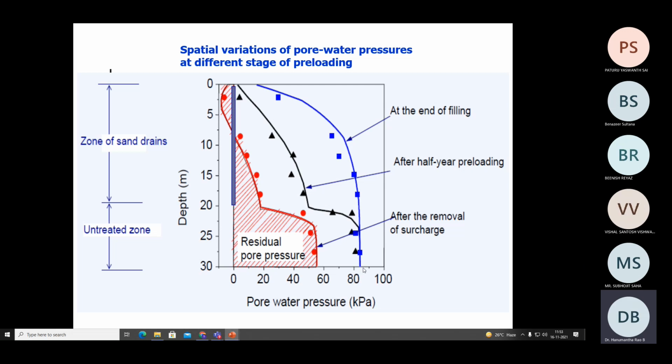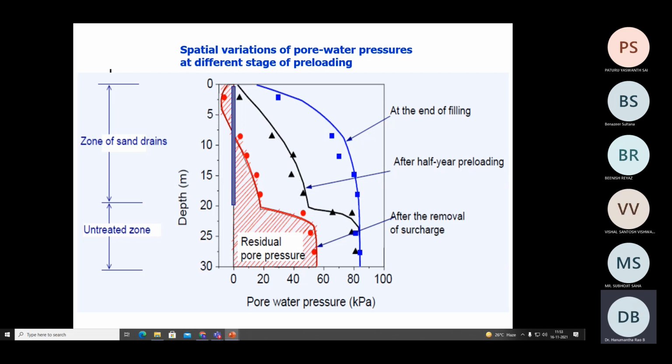The initial pore water pressure is almost 20 kilopascals without surcharge, and after imposition of the maximum surcharge, it rose to around 85 kilopascals. Now you can clearly distinguish right beneath the PVD and right above the PVD. Right above the PVD, there is a drastic decrease of the excess pore water pressure from as high as 80 kilopascals to as low as 20 kilopascals, or in fact below 20.